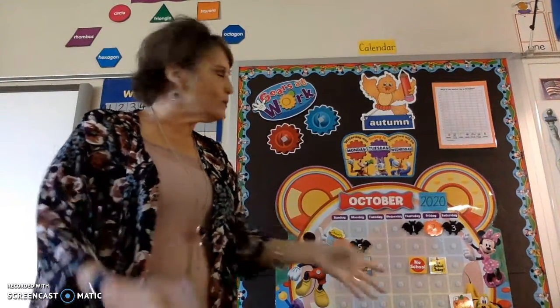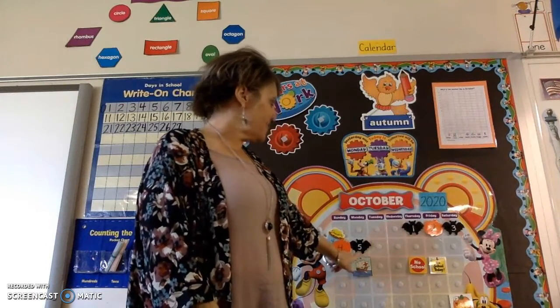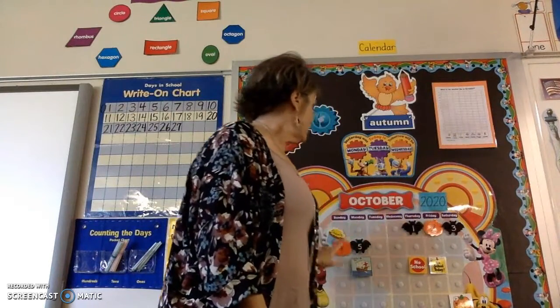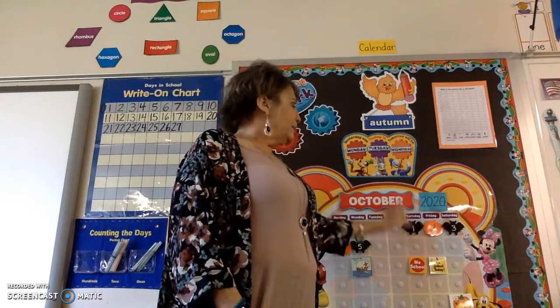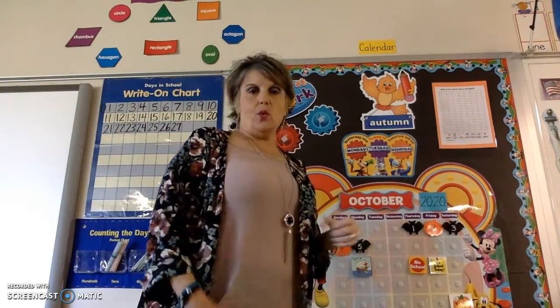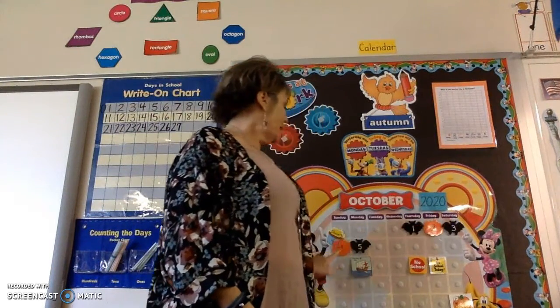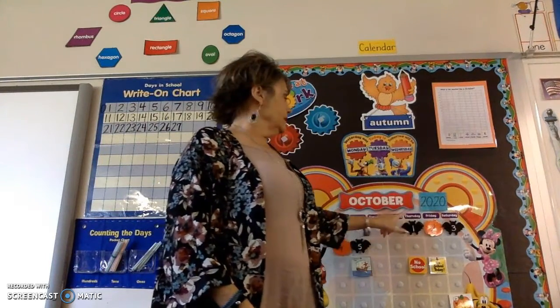Okay, so the date. We know it's October. Yesterday was the 5th. So what comes after 5? 1, 2, 3, 4, 5, 6. You're right. Is 6 going to be a pumpkin or a bat? Let's see.